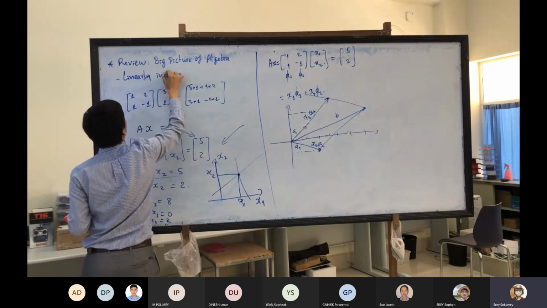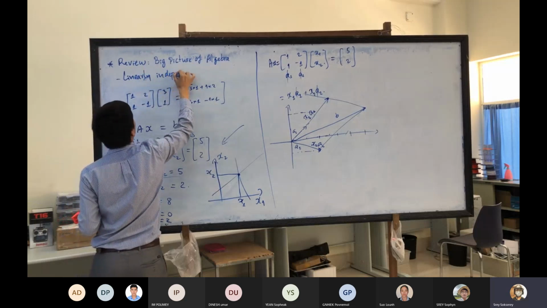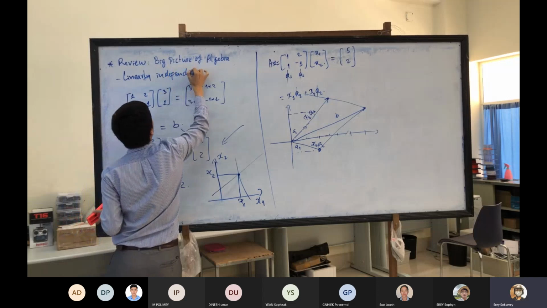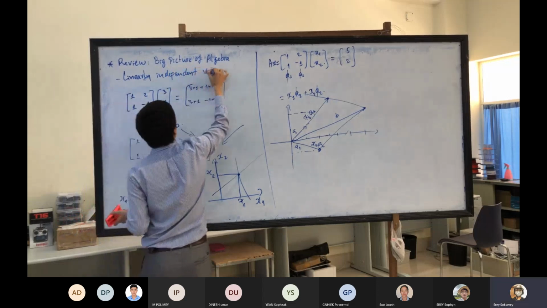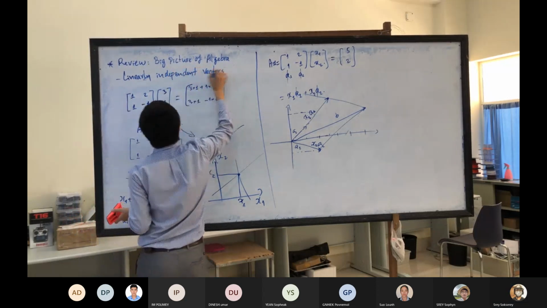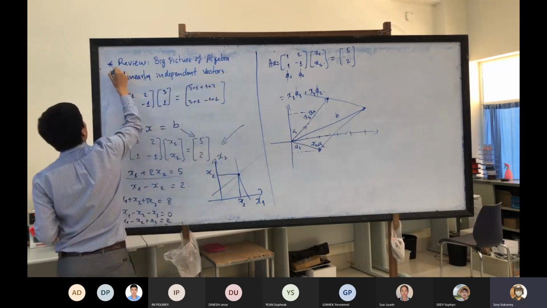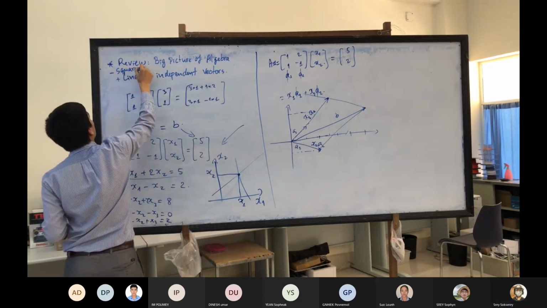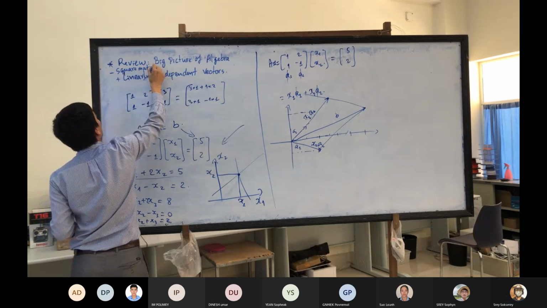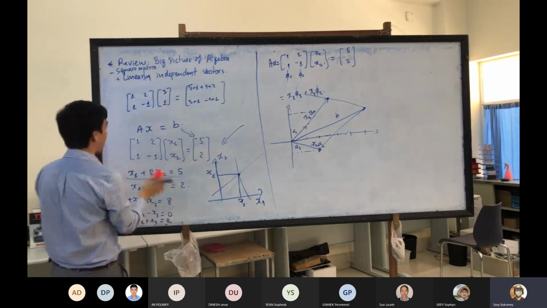Linearly independent. This should be inside a square matrix. Yeah, I call square matrix first.